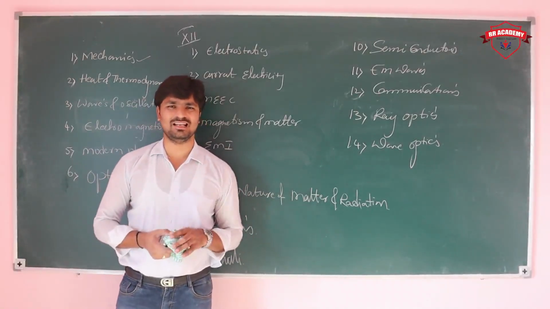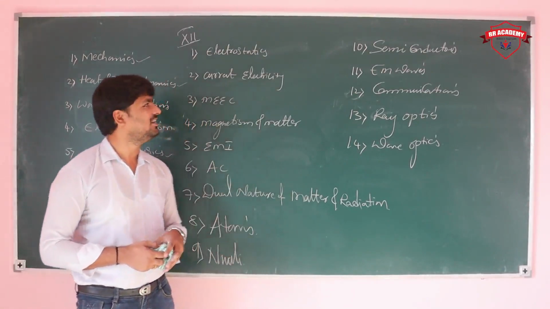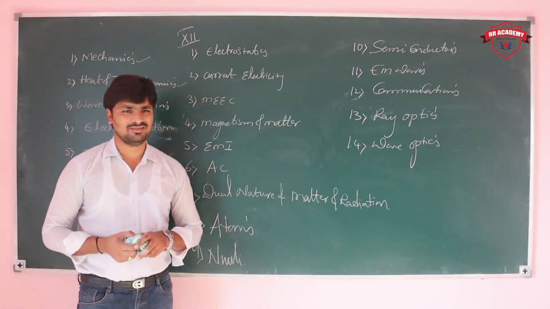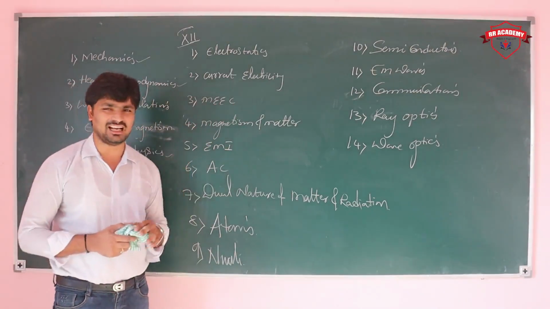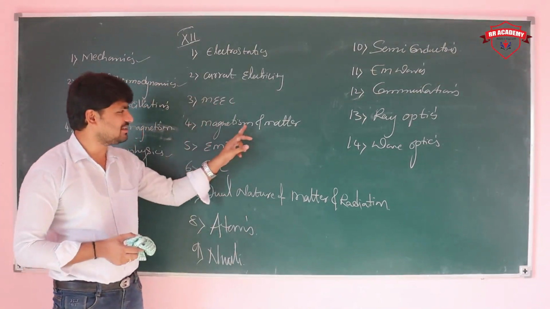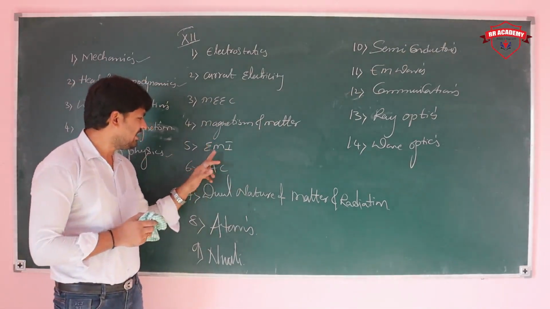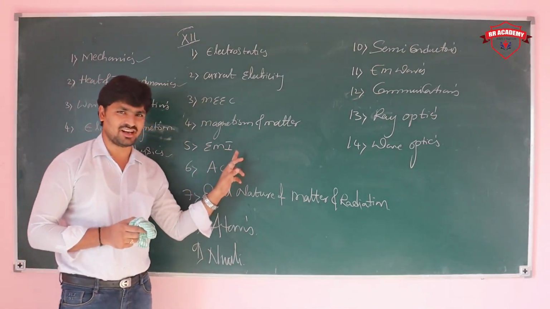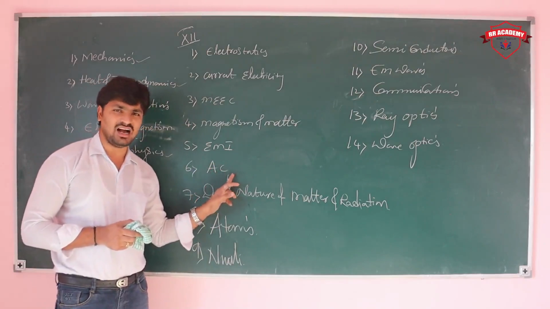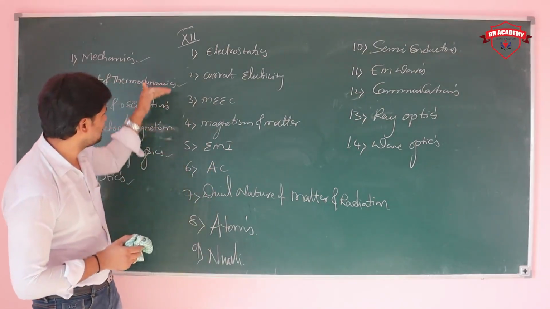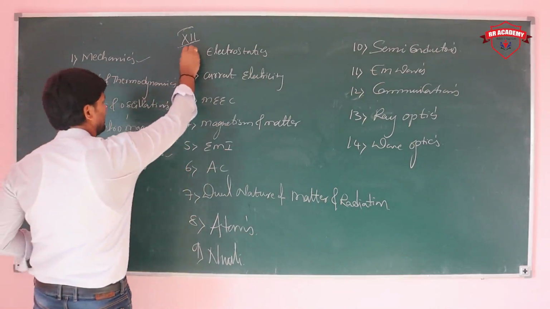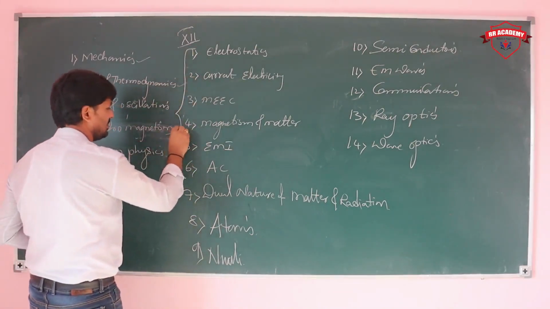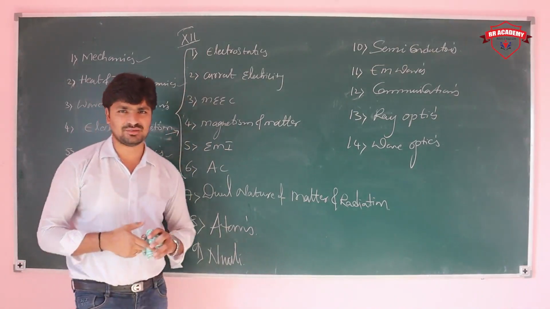So we'll see the syllabus of the 12th. Electrostatics, current electricity, magnetic effects of electric current, magnetism and matter, EMI (electromagnetic induction), AC (alternating current). These topics 1 to 6 come under the electromagnetism part.